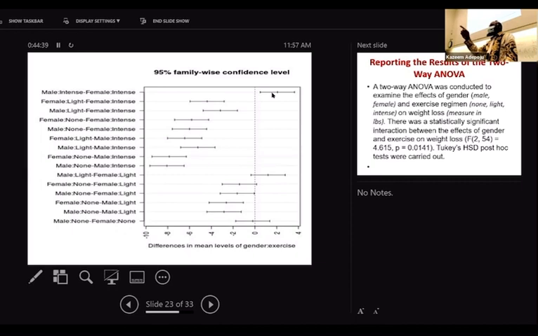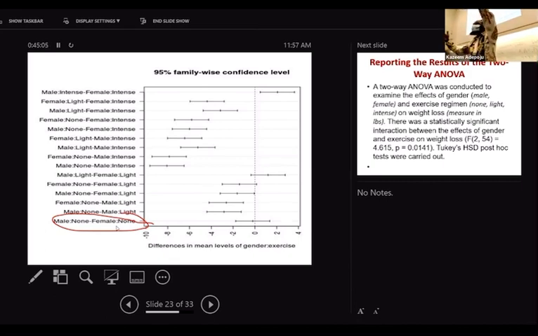The only one that includes 0 is this one here. A male person that is not doing any exercise at all, and a female person that is not doing any exercise at all. Okay, that is the last one. I'm talking about this one here.